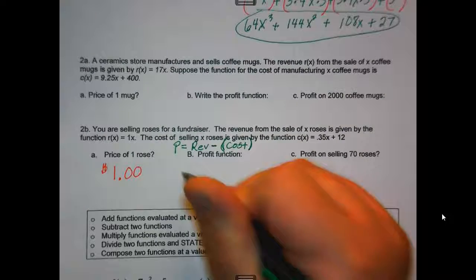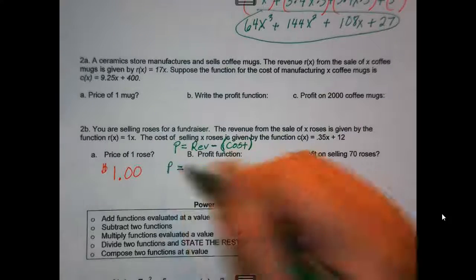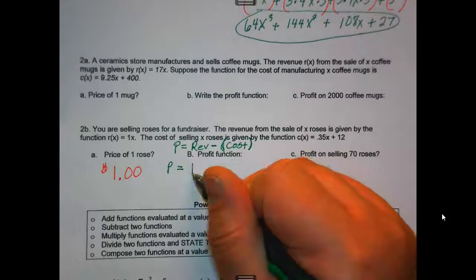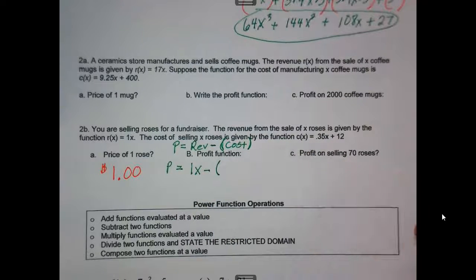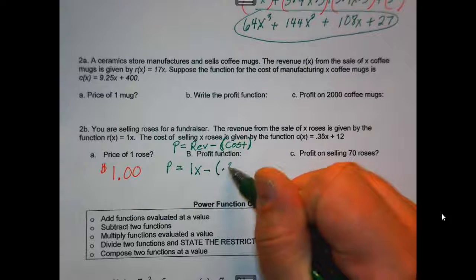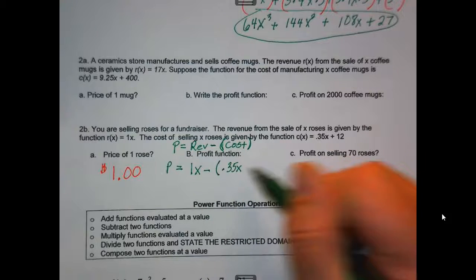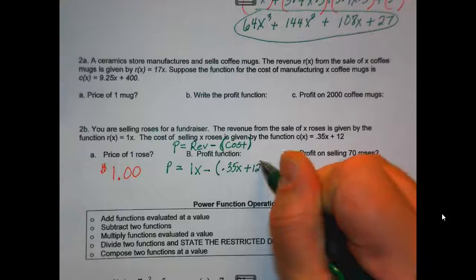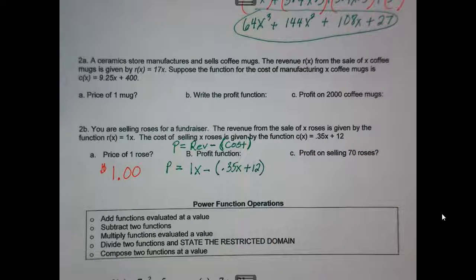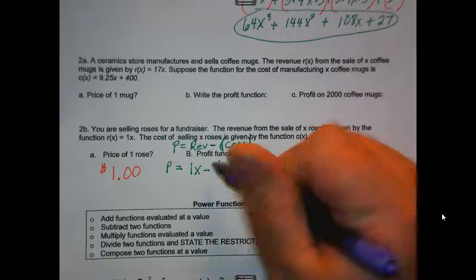Okay, what's my revenue? 1x minus my cost, which is 0.35x plus 12. I have to distribute.